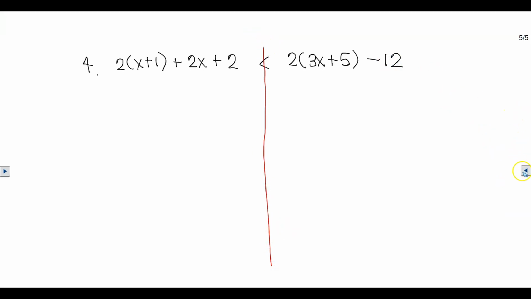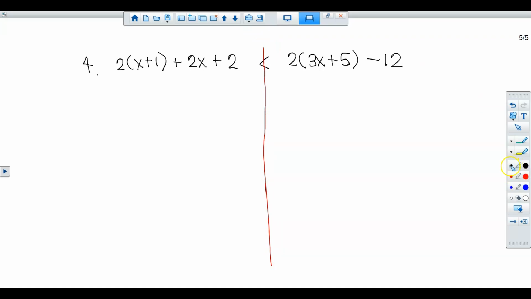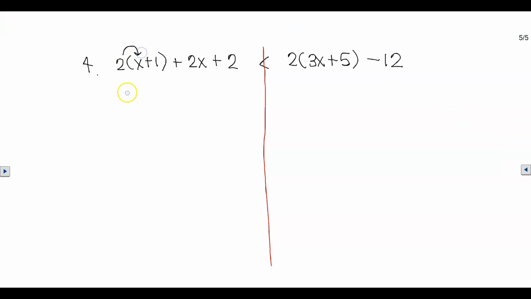All right, step 1. Do we need to distribute? And the answer is yes. 2 times x is 2x. 2 times positive 1 is positive 2. Then we bring down our plus 2x and our plus 2.